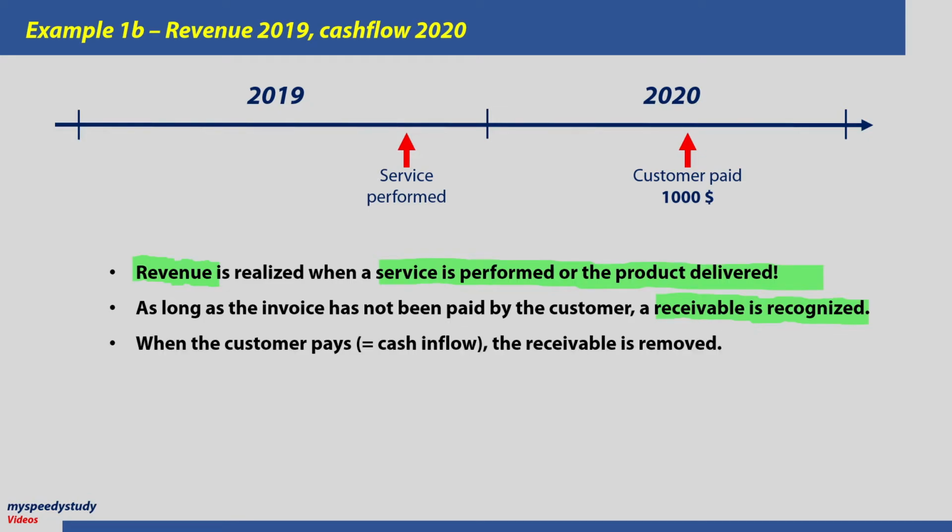And only once the customer has paid, which then is a cash inflow, the receivable is removed and cash appears in the cash flow statement and in the cash account. Don't ever confuse the payment with the revenue. The revenue happens when the service is performed or a product has been delivered.